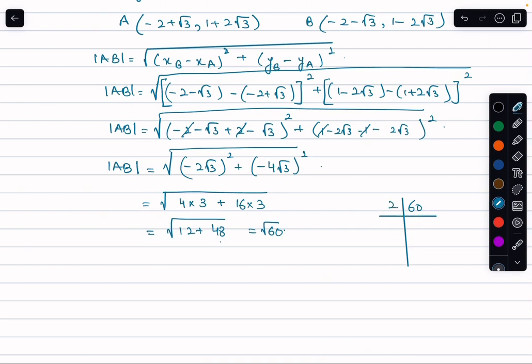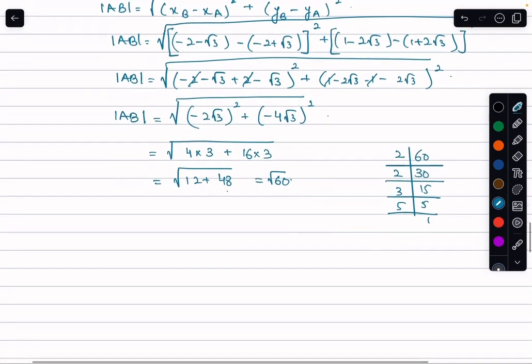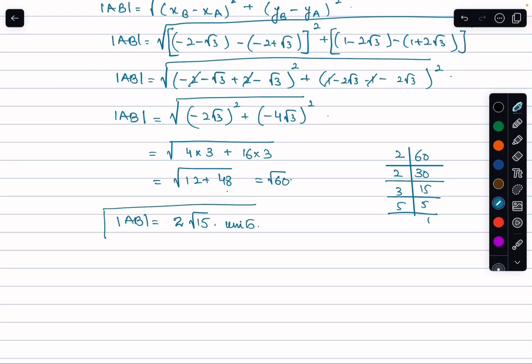I can say it's 2 times 30, 2 times 15, and 3 and 5 and 5 and 1. Therefore, my distance AB can be given as 2 root 15. So this is what the distance of the chord from A to B is going to be.